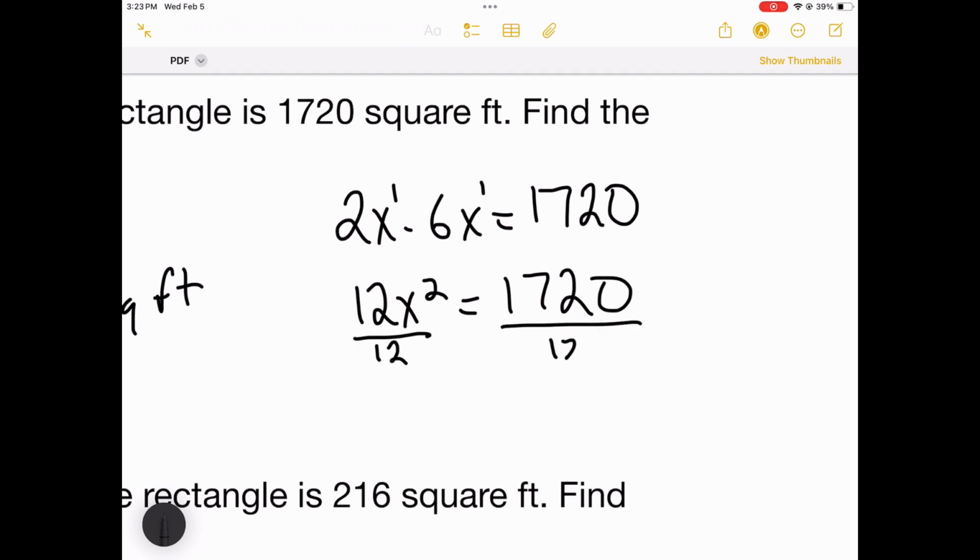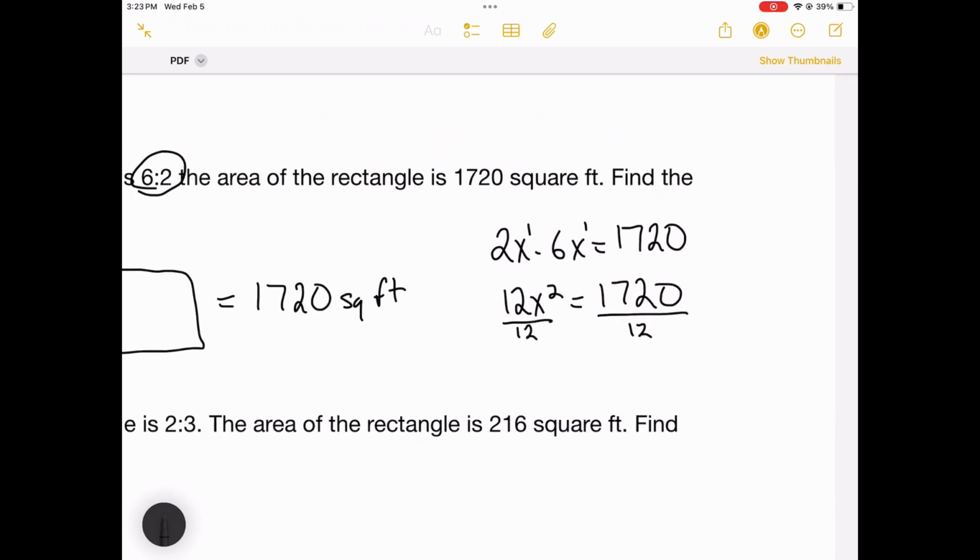Wow, that's a decimal. Okay. So I'm going to do 1720 divided by 12, and let me look real quick. Yes, it is 1720. And when I do that, I get x squared equals 143.3 repeating.